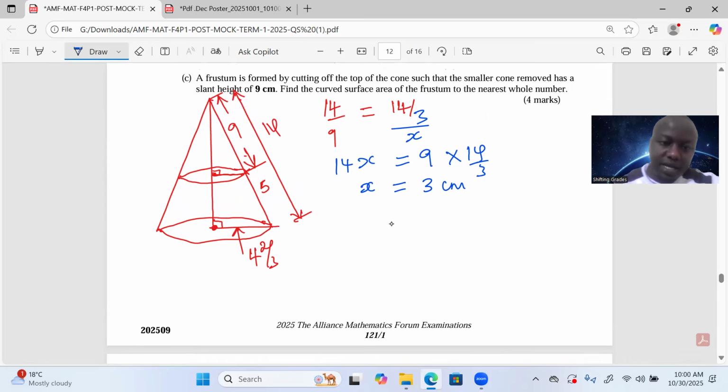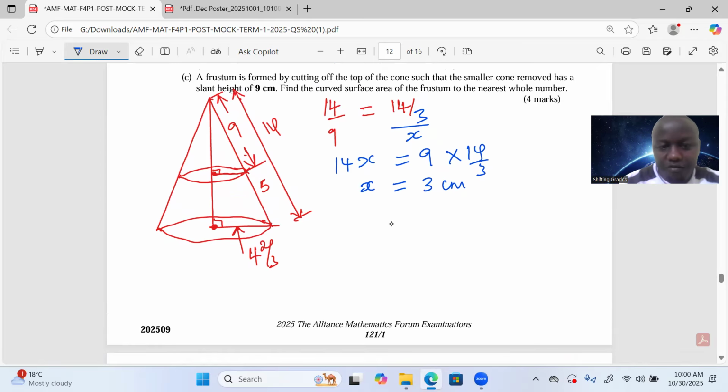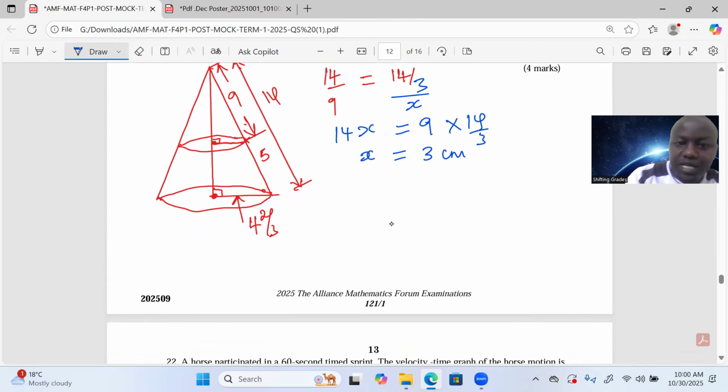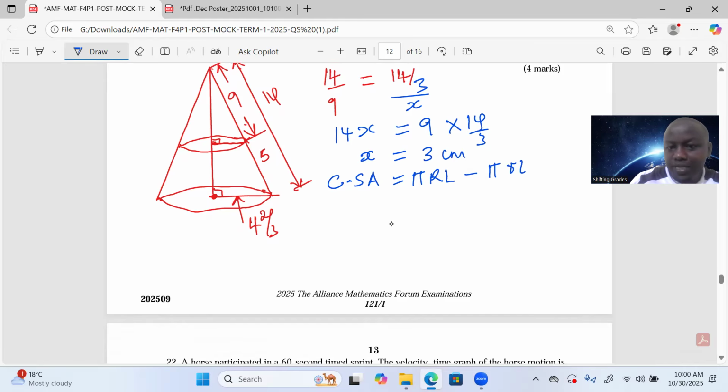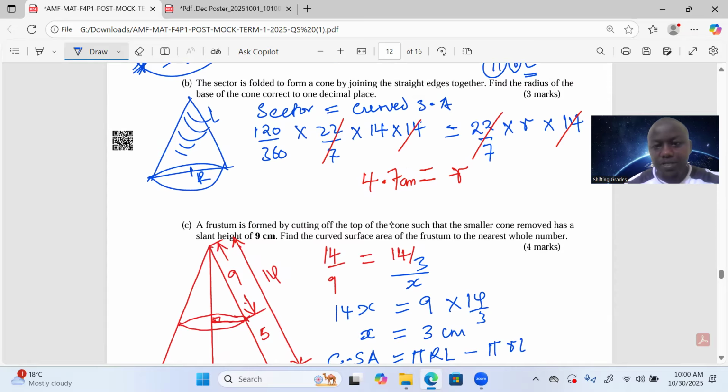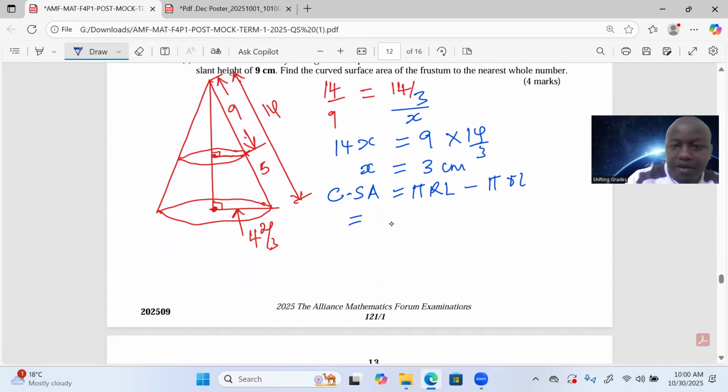So now we can say the curved surface area of the frustum will be pi RL for the original cone minus pi RL for the smaller one. The original one, we had not computed it.